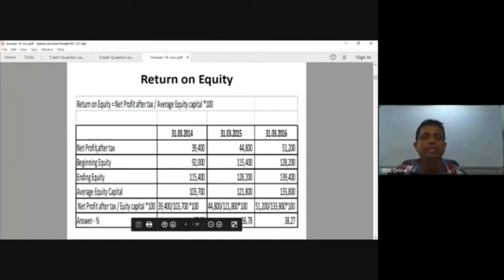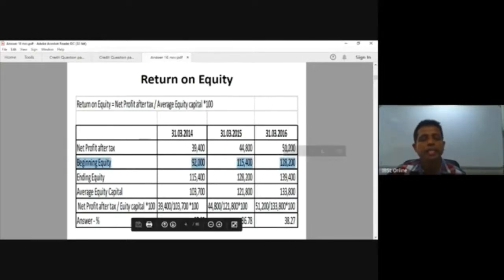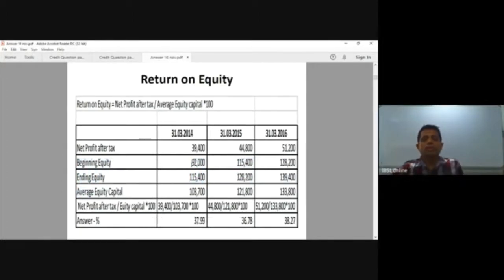Therefore, no need to worry about that item. Then, in order to calculate the average equity capital, you have to have the beginning equity capital and the ending equity capital, right? I have taken the figures, but I will show you how I took those figures.